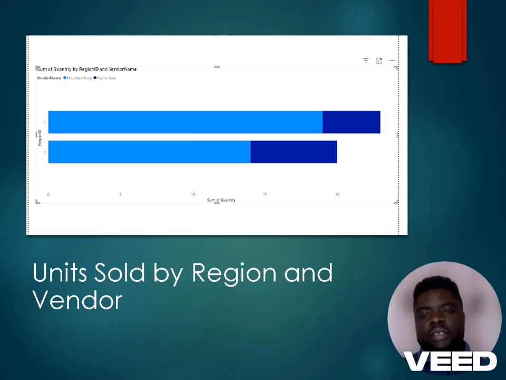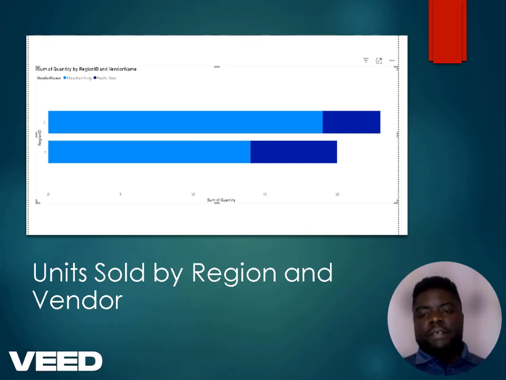In the tri-state region, vendor performance is more evenly distributed, with Mountain King providing about 4 units and Pacific Gear around 6 units. This breakdown helps identify vendor strengths by region and highlights opportunities for more targeted vendor partnerships or marketing strategies.